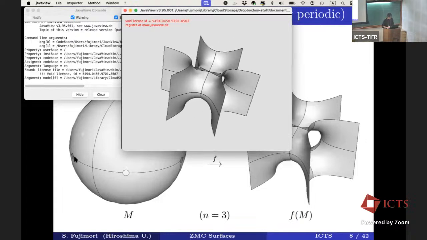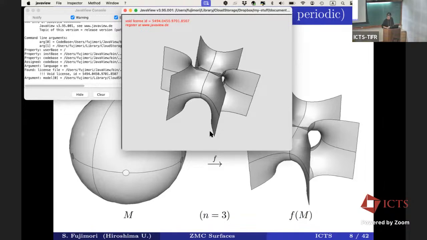So this equator corresponds to this horizontal part. The northern half of the circle corresponds to this curve, and the southern half corresponds to this curve.